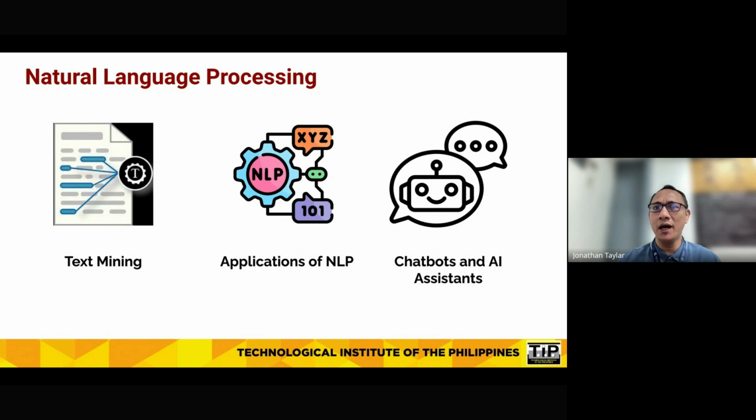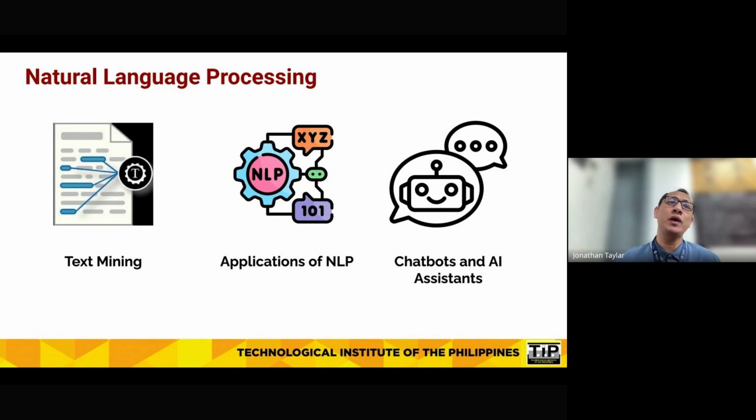For example, if you browse the internet, the web now is being powered by NLP, or natural language processing, wherein the search engines have the capability to retrieve relevant information from very vast amounts of text data available on the web or within an organization's internal documents.